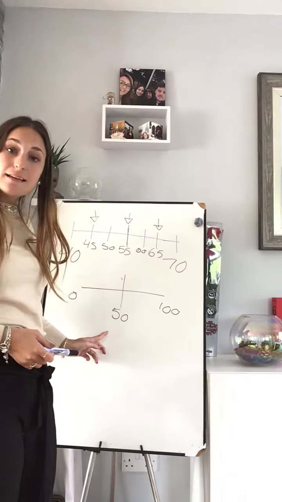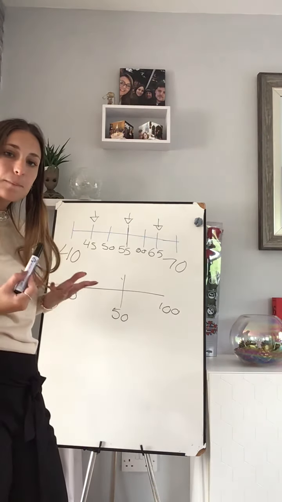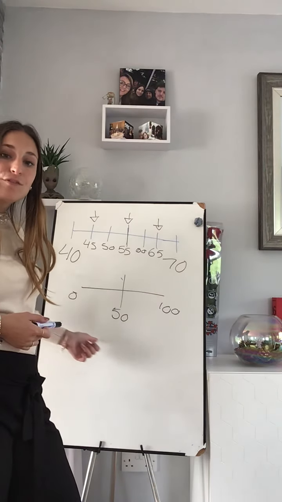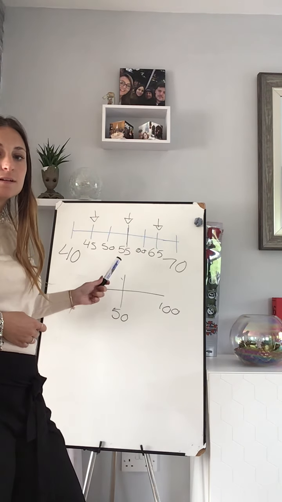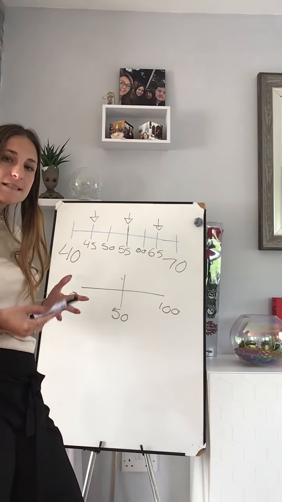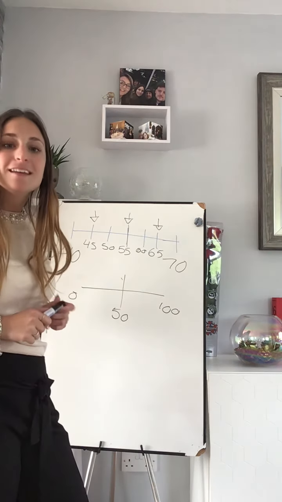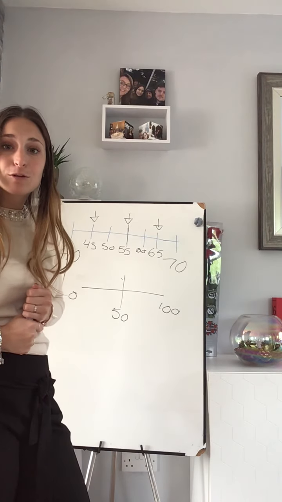Because 50 is the half of 0 and 100, does that mean that 50 is always in the middle? Always? Have a good think, because that's one of your questions, okay? Right, I cannot tell you more. Go for doing your work and have a good go at it.